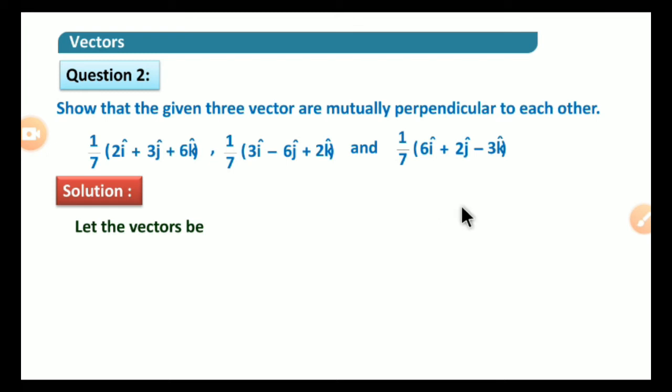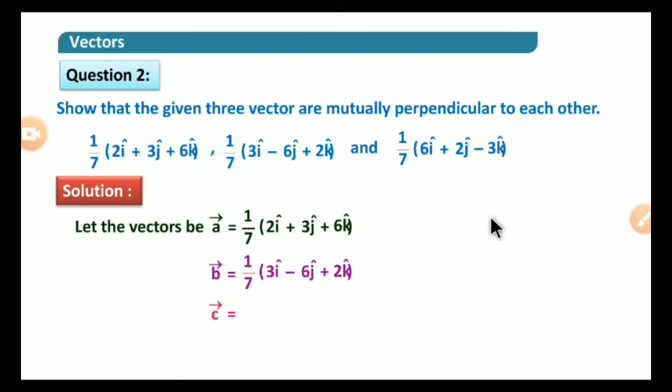That we have to prove here. First we should consider these three vectors as A, B, C. So vector A is equal to 1 by 7 into the bracket of 2i plus 3j plus 6k. Vector B is equal to 1 by 7 into the bracket of 3i minus 6j plus 2k. And vector C is equal to 1 by 7 into the bracket of 6i plus 2j minus 3k.